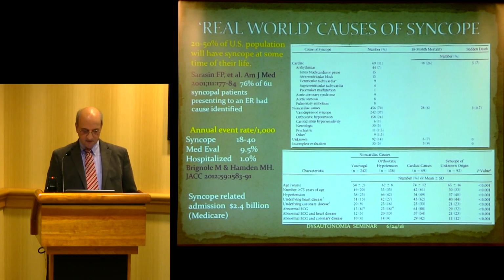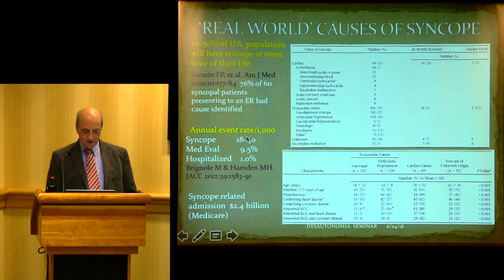Just to talk about syncope. Somewhere between 20 and 50% of the entire population of the United States and every other country will have a faint at some period of time. The usual number I get is about 30% over their lifetime. And it's kind of interesting, because if you go in with syncope to an emergency department, you'll only know what the likely cause of it is 76% of the time before you're discharged from the hospital.